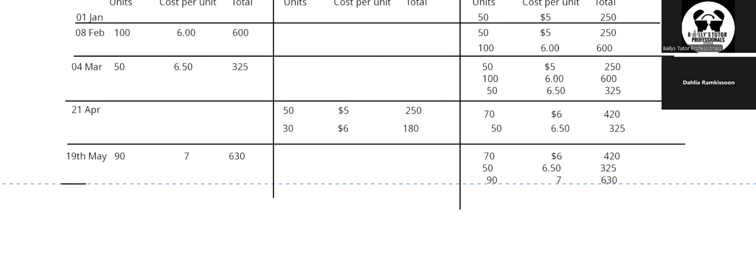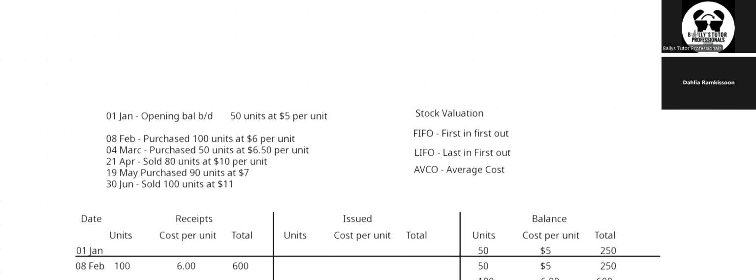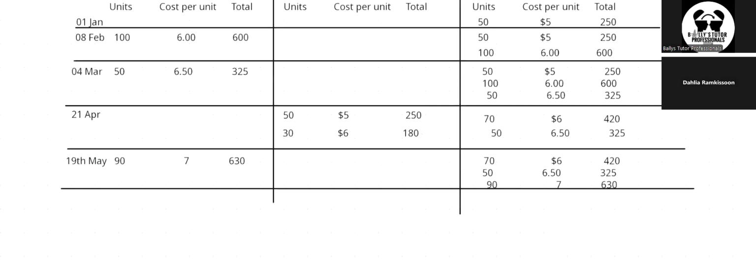And now finally, it's time to sell again. This time on the 30th, we sold 100 units. So I'll come here. Which one did I sell from first, if it's first in, first out? The 70. Mm-hmm.